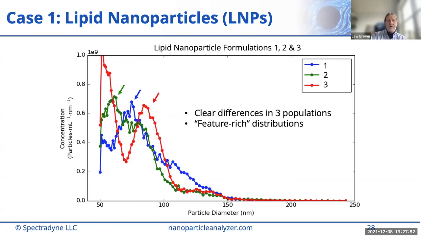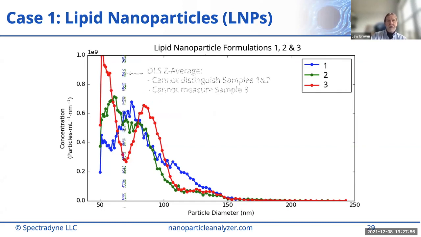Now, to give you a comparison, let me overlay the Z average that they had from the DLS. And remember, they could only measure samples 1 and 2. For some reason, they couldn't measure sample 3. So this is exactly like one of the examples Jean-Luc showed, where you kind of have 2 peaks and the Z average ends up being in the trough as opposed to where the actual peak or mode of the data is.